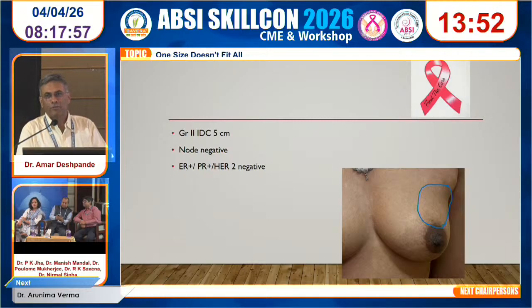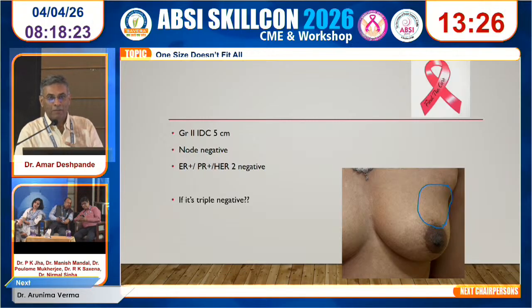It has reduced from 5 centimeters to 4 centimeters. We would give options of mastectomy and some kind of volume replacement, right? So the patient chooses volume replacement, we do that. What if it is triple negative? We'll definitely consider NACT. So the same patient, the biology is different, we have decided for a different management.